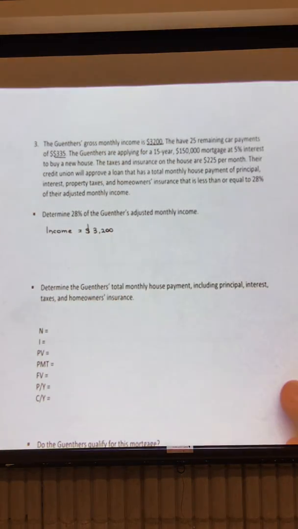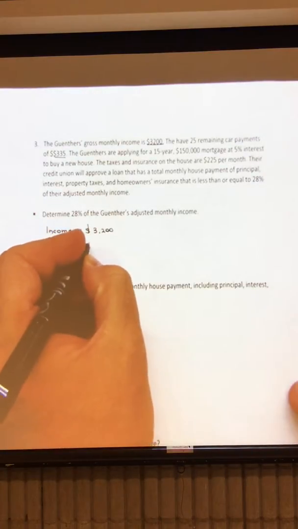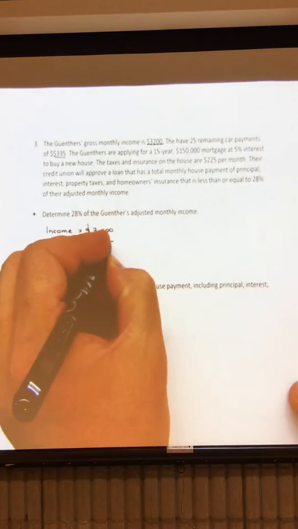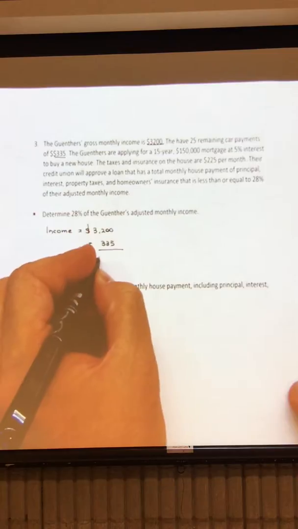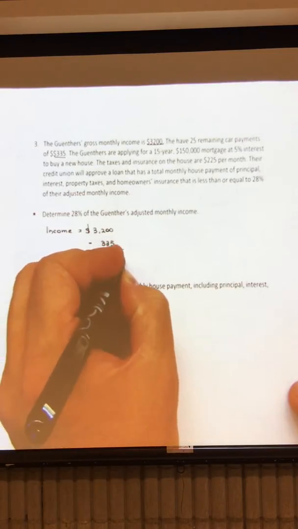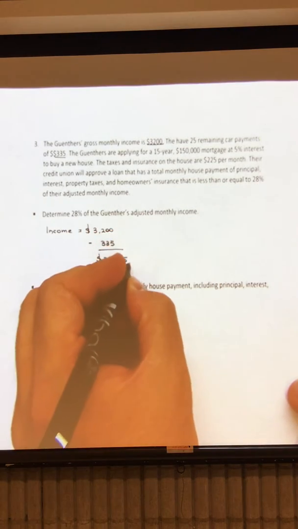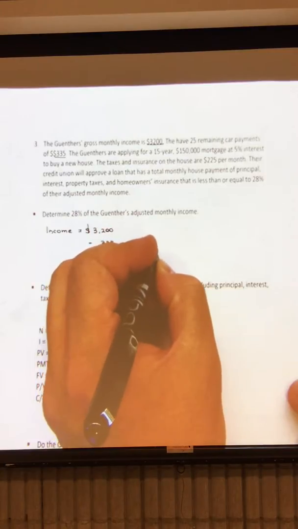They have 25 remaining car payments, so we have to subtract the $335. So the adjusted gross income will be 2,865. And then we have to multiply the adjusted monthly income by 0.28.